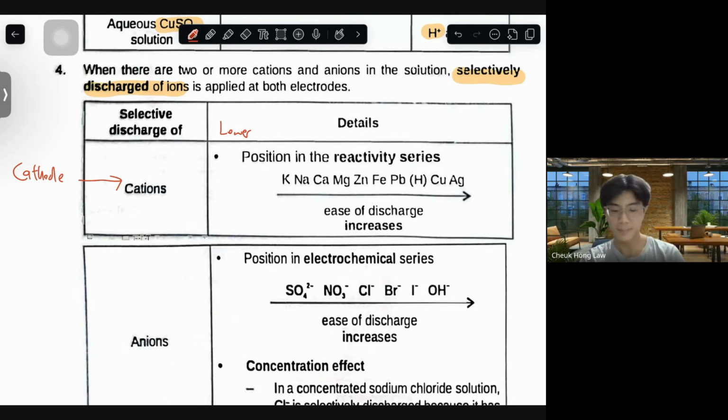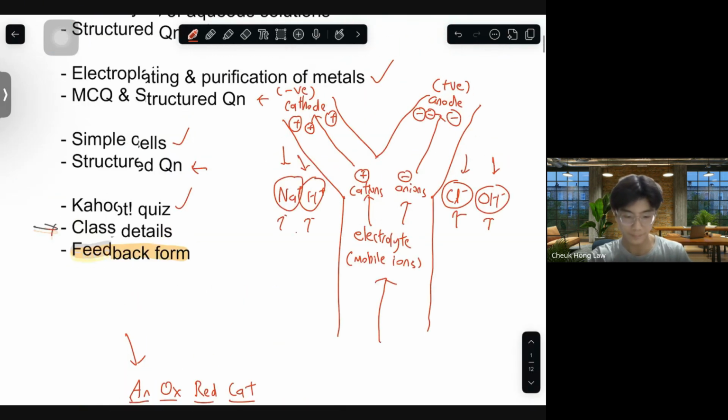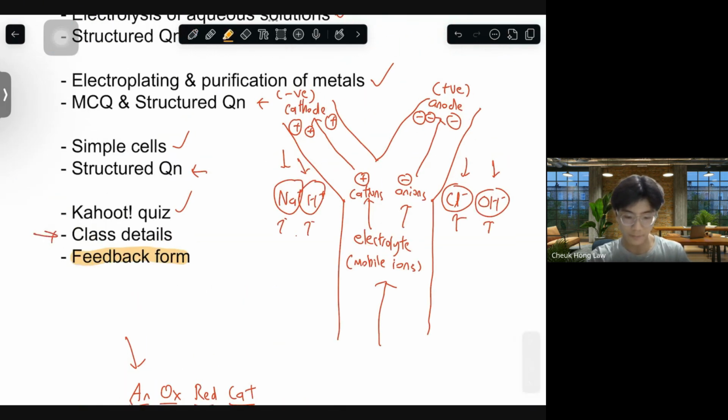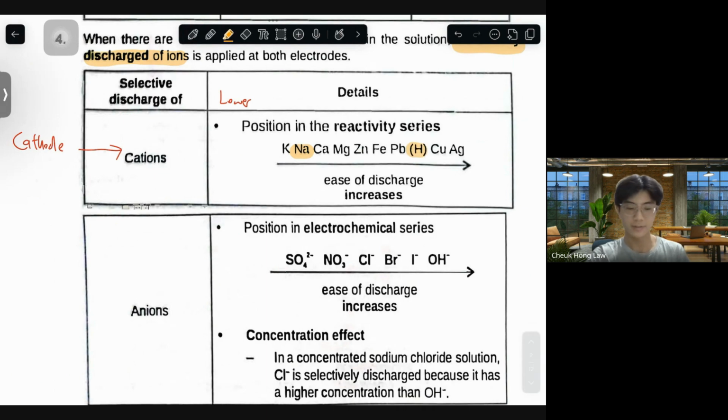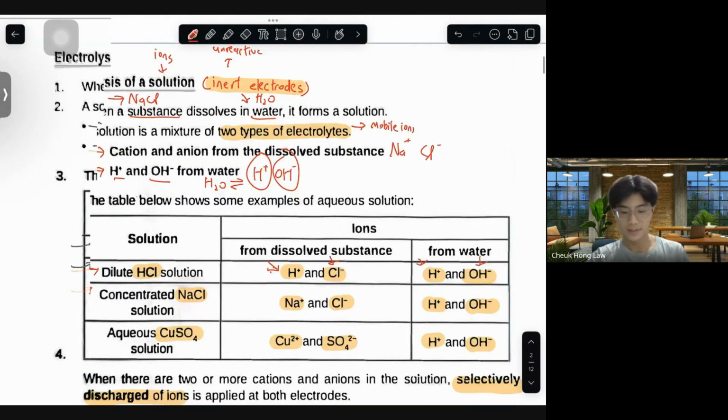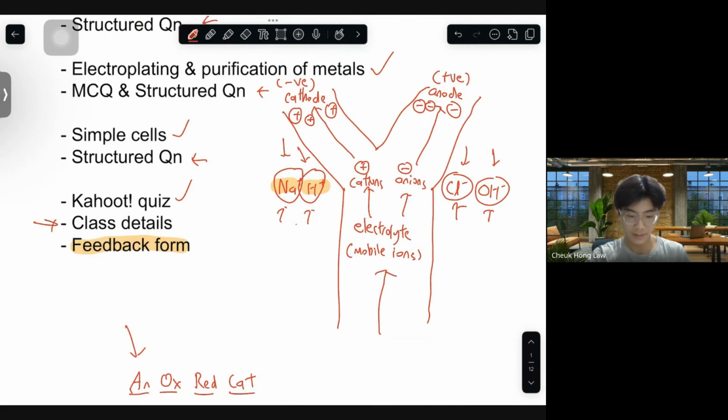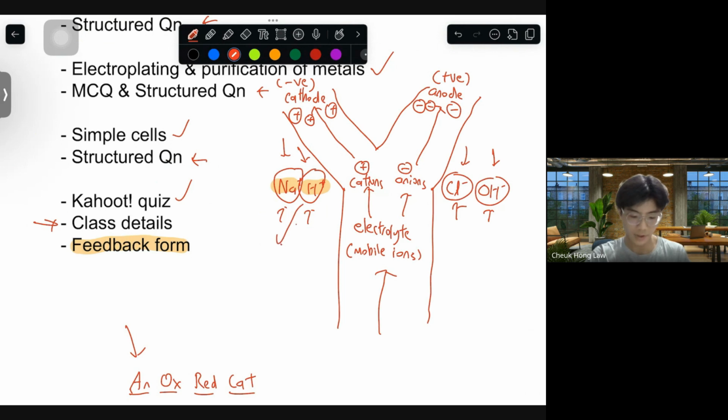Basically, the ion lower in the reactivity series will be the one that is discharged. Look at this example: you have sodium and you have hydrogen. Sodium is here, hydrogen is here. Hydrogen is the lower one in the reactivity series. So what does that mean? Your H+ will be selectively discharged.